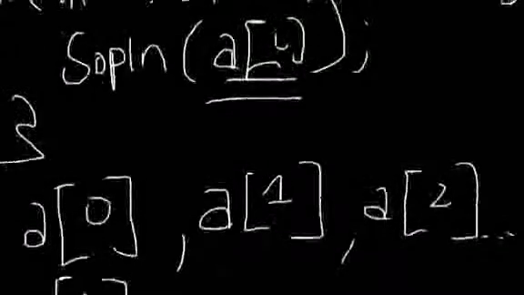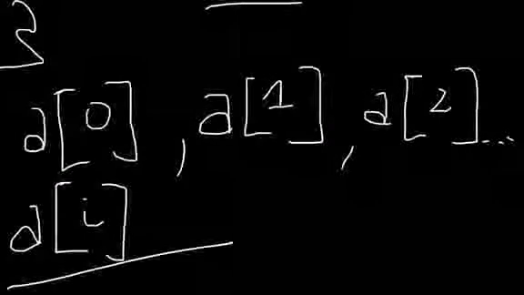Now, since you've got down what an array is, basically what it is in your head, let's move on to something further. Let's say I want to define an array. Let's say I define it like this: integer.